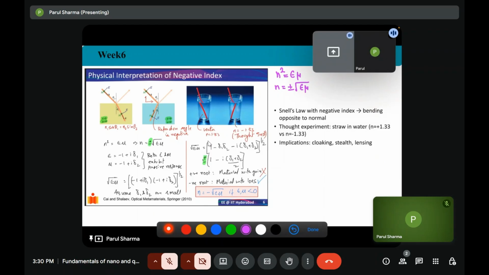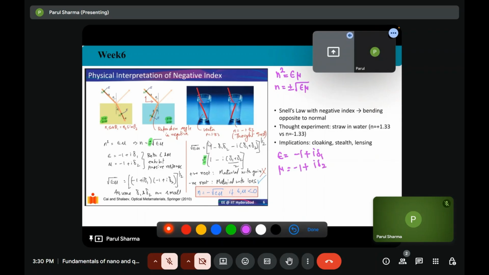So let's consider refractive indices. Suppose epsilon is equal to minus 1 plus i delta 1, and I'm considering epsilon and mu both complex. Mu is equal to minus 1 plus i delta 2.